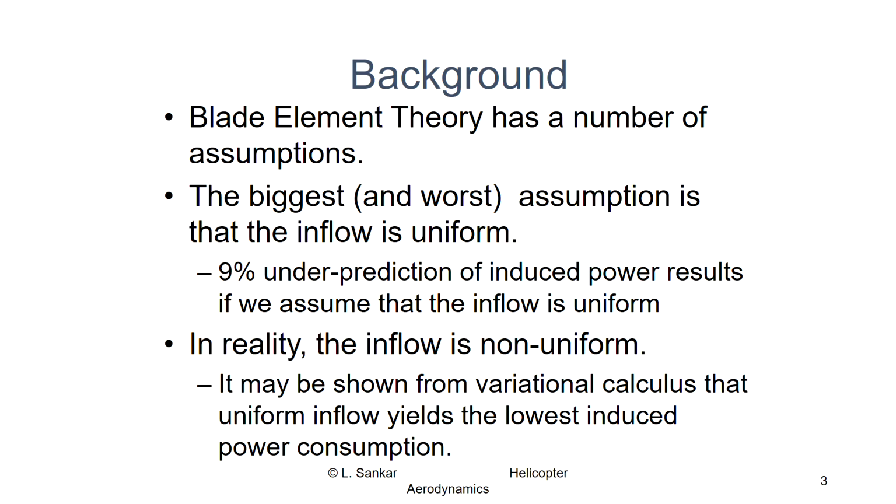So blade element theory, as we mentioned, has got many assumptions, many approximations. And the biggest and worst assumption or approximation is that the inflow is uniform. So this leads to 9% out of the 15% correction. Kappa is 1.15. So out of that 0.15, 9% correction is because of this assumption. So we are going to look at how to correct it.